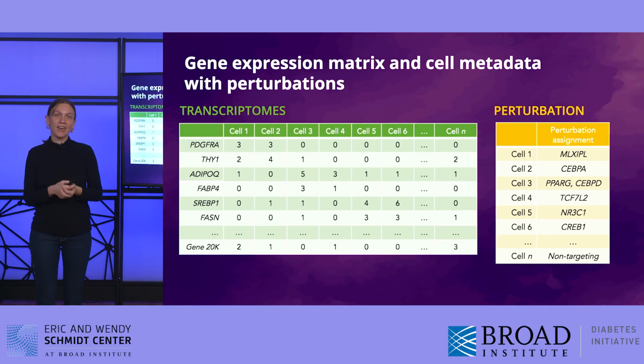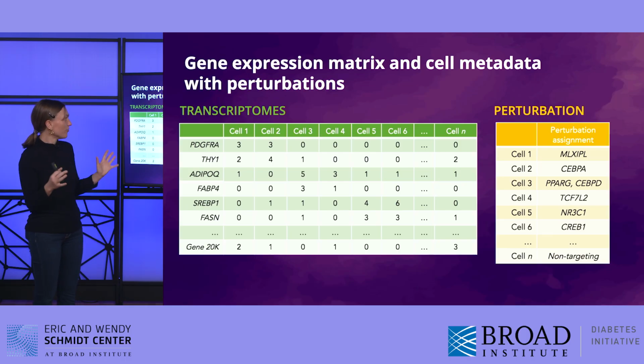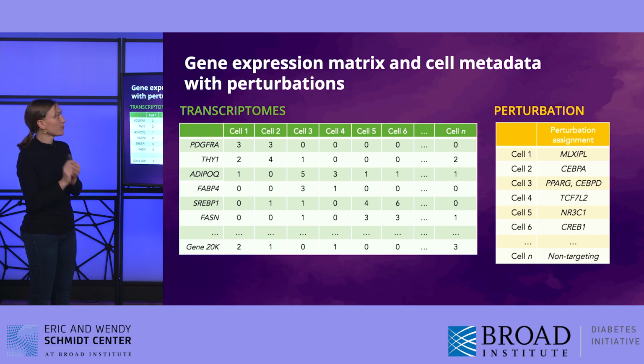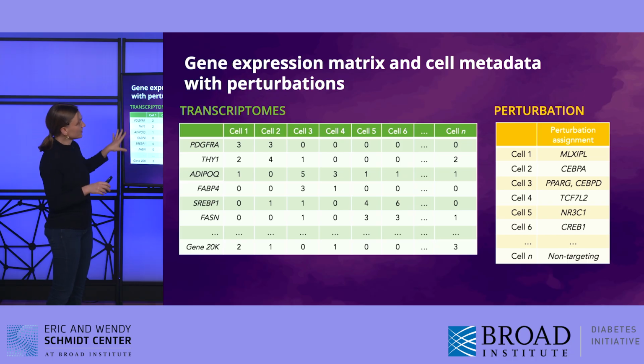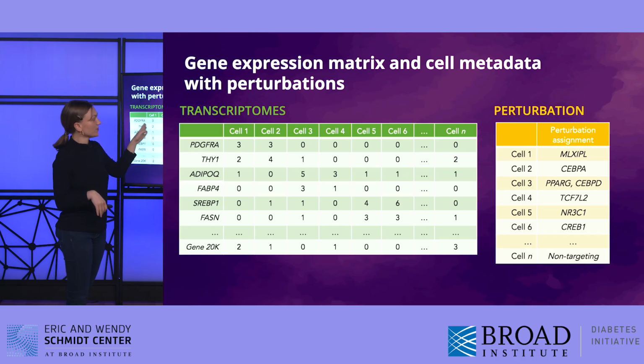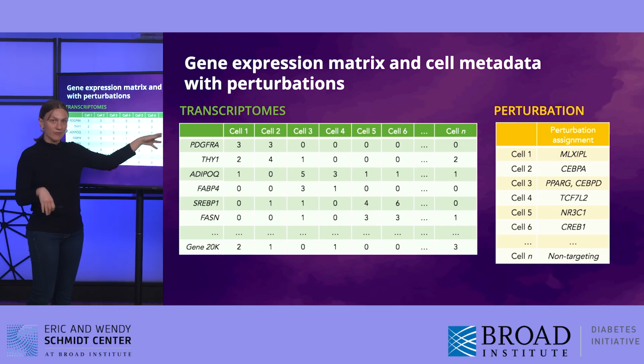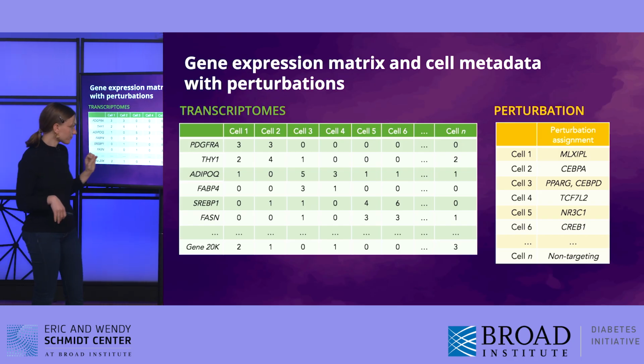Okay, and so the output of both of these data sets in the single gene knockout and in the double gene knockout Perturb-seq of adipocyte cells, this is the output that you'll get. So on the left here, we have the single-cell RNA-seq expression matrix with every row corresponding to a different gene in the genome, and every column corresponding to a different adipocyte cell that was profiled at day 14 after the differentiation treatment.